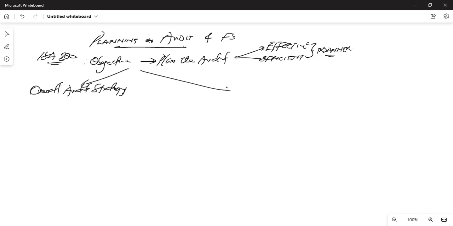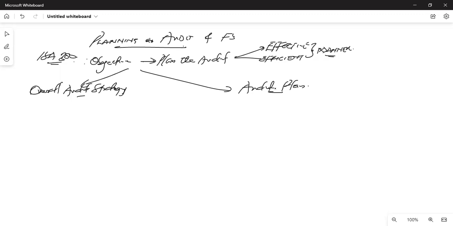On the other side, we have the audit plan. These two documents are what you are going to outline before any audit starts. You are seated down, the overall audit strategy is communicated, the plan is seen before you even step into the client's office.